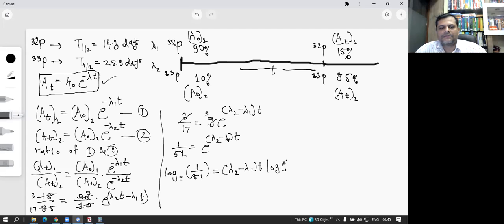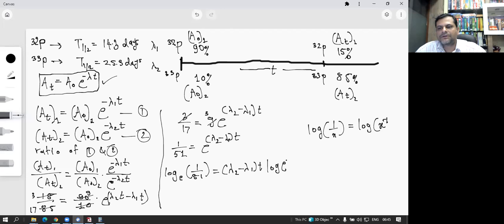Now, if we solve this further, we will get... One more thing to remember: log of 1 upon x is always equal to minus of log of x. Does everyone know this? Because log of 1 upon x can be written as log of x raised to minus 1. Do you agree?